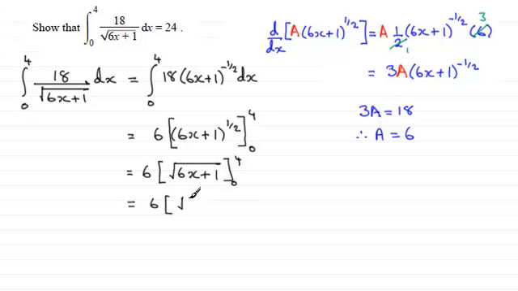So I've got the square root of 25, and then minus, and I put 0 through, and that gives me just the 1, the root of 1. And so I've got 6 multiplied by 5 minus 1, 6 times 4 in other words, which is 24. And that's what we had to show.